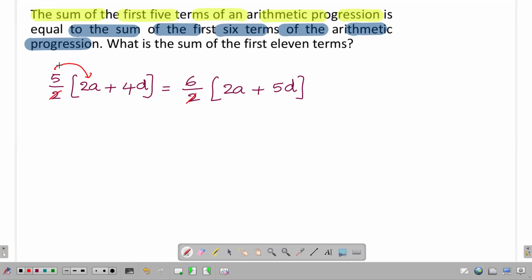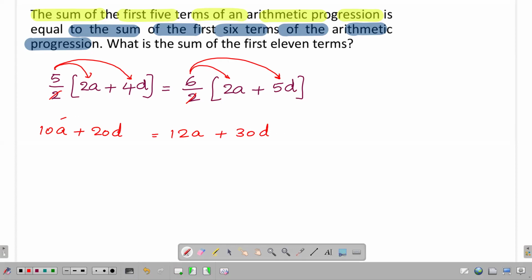Let me expand: 5 into 2a, 5 into 4d, 6 into 2a, 6 into 5d. So 10a plus 20d is equal to 12a plus 30d.